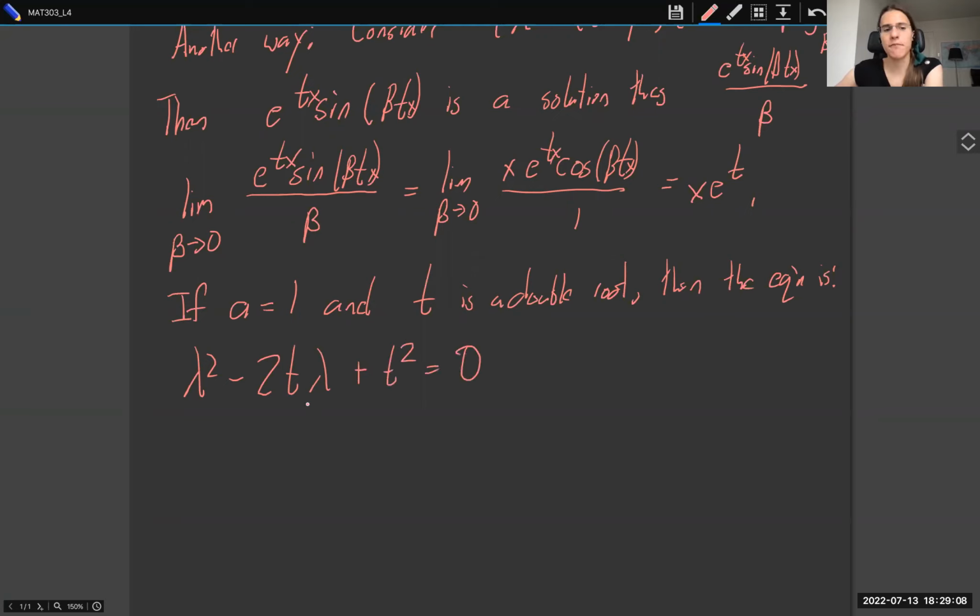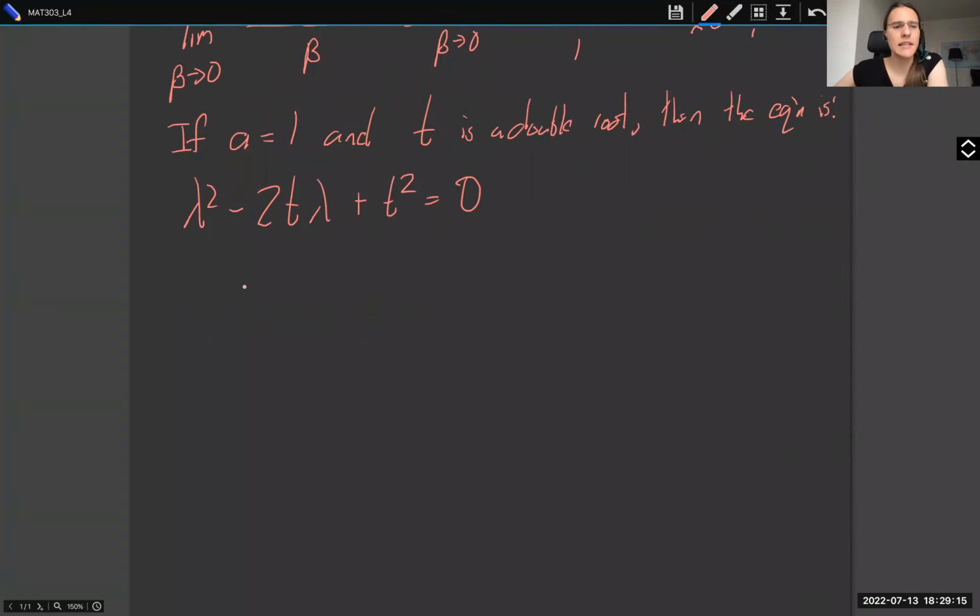So this is the thing that factors as lambda minus t squared, right? Consider, I guess, an ansatz. This corresponds to the equation y prime prime minus 2t y prime plus t squared y is equal to 0. So consider the ansatz y is equal to x e to the t x, right?